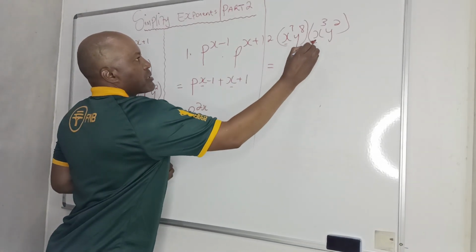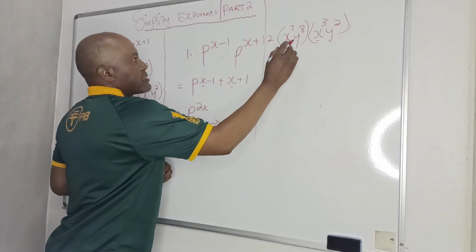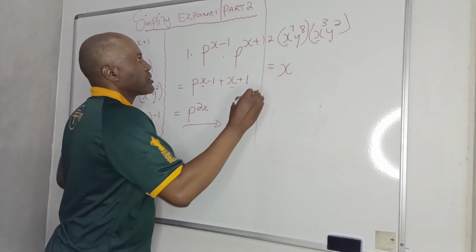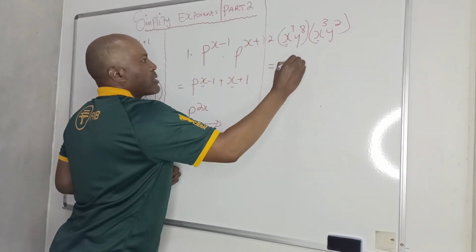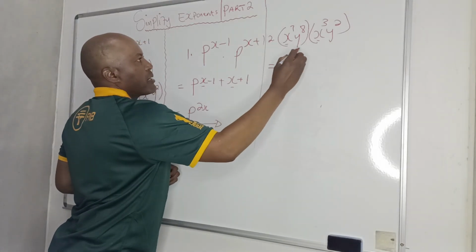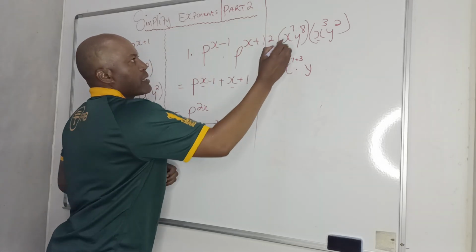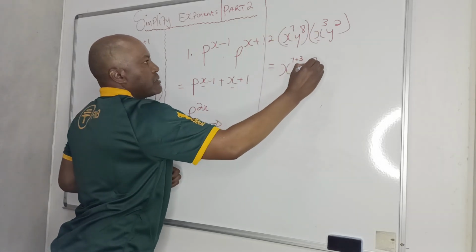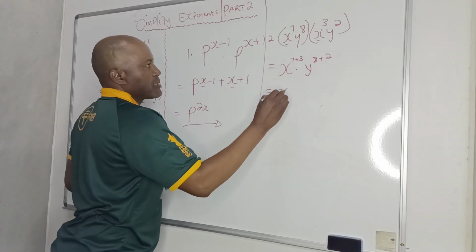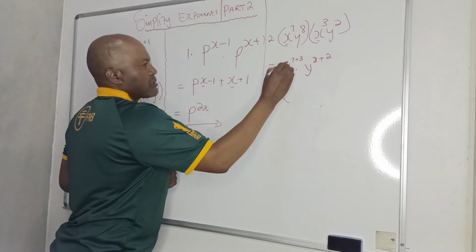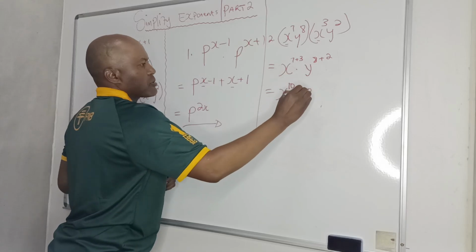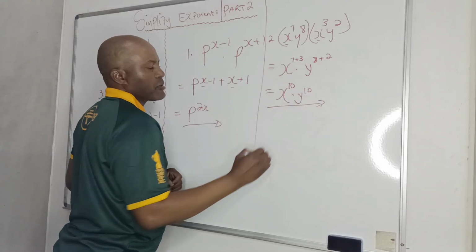We only keep the same base, x and x, and add their exponents, 7 plus 3. For y and y, I keep one base and add their exponents, 8 plus 2. I get x raised to 10, y raised to 10 as well, and that should be our answer.